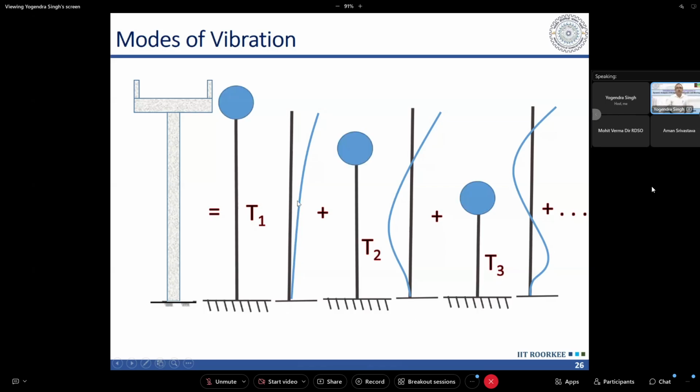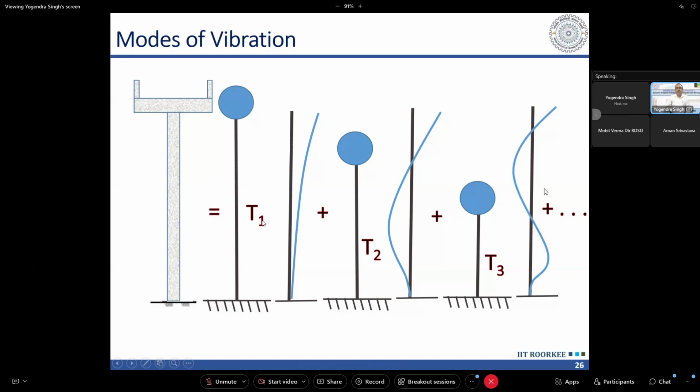Rather than analyzing the structure as a whole, we consider the structure as a superposition of the response of different single degree of freedom systems, and the period of each single degree of freedom system corresponds to that mode. Corresponding to each mode, we have a single degree of freedom system, and it has the period of vibration of that same mode.